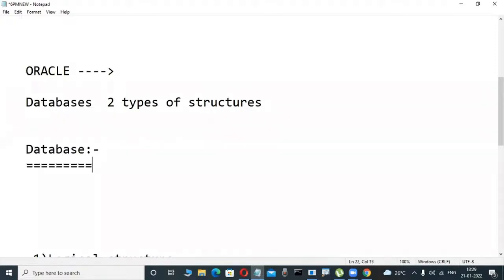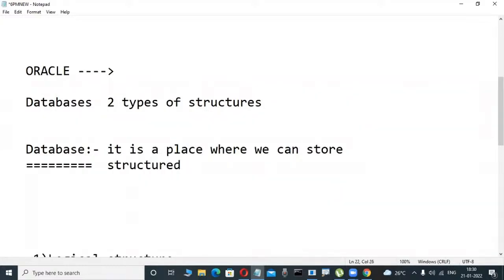Anybody looking on Google or in books will see it is a place, don't read it, a place in a computer system where we can store a structured collection of data. They are telling only that, structured collection of data. What is data? What is information? What is DBMS? That is later.